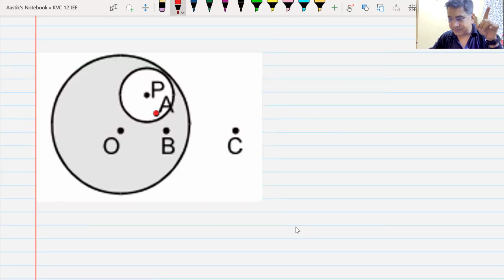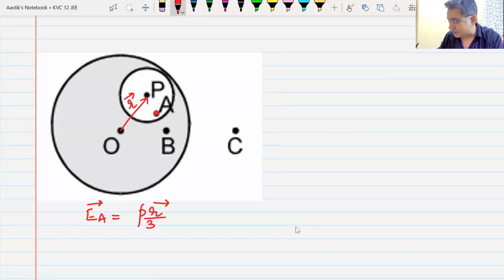We had also found out that it only depends on the position. So if I have to find the electric field at point A, it will be rho r vector by 3 epsilon naught. Everyone remembers this question?